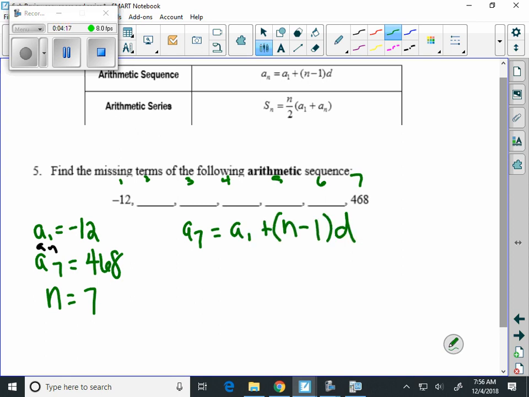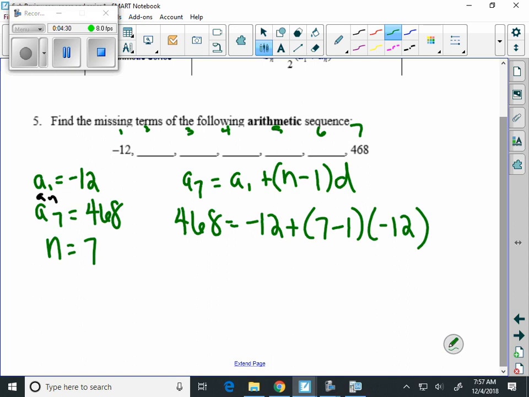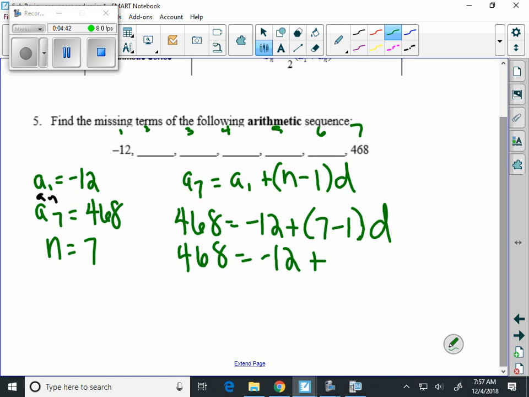And we're going to fill in what we know. 468 equals negative 12 plus 7 minus 1 times d. We need to figure out what d equals. So we have 468 equals negative 12 plus 6d. 7 minus 1 is 6.